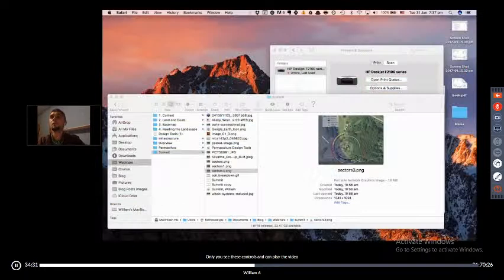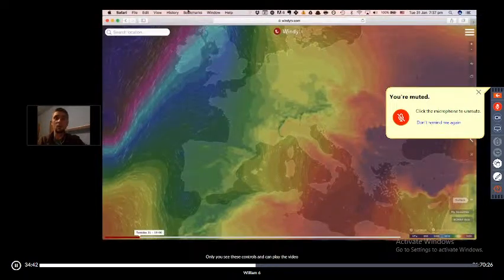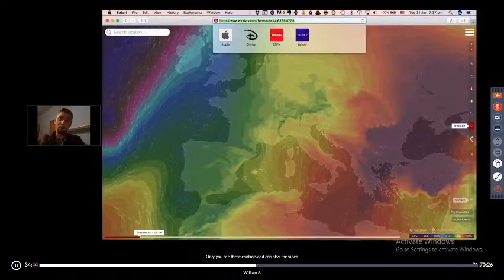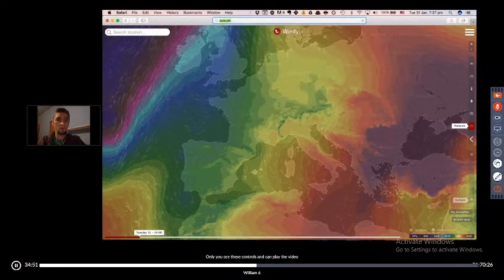Another question is, you talked about a Sunseeker app. It's the Sunseeker app for the smartphone, and SunCalc on the website.